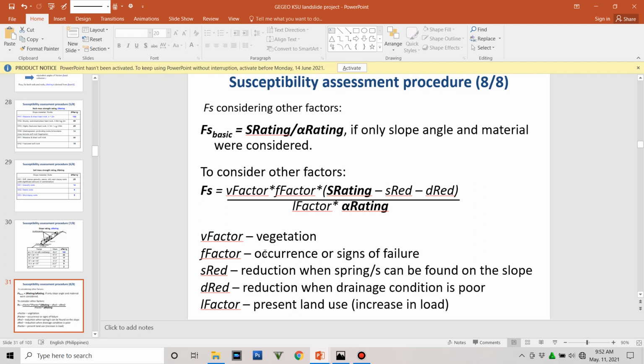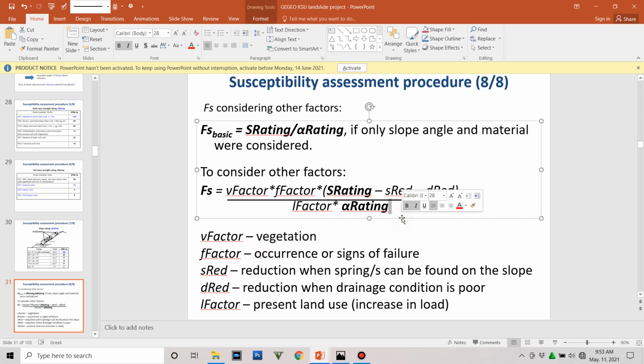And if your material were subjected to a lot of failure, of course, that will also be a factor to consider. So this is a direct multiplication to the S rating. And then from the S rating, the saturation will have a direct decrease on the strength rate of the S rating.